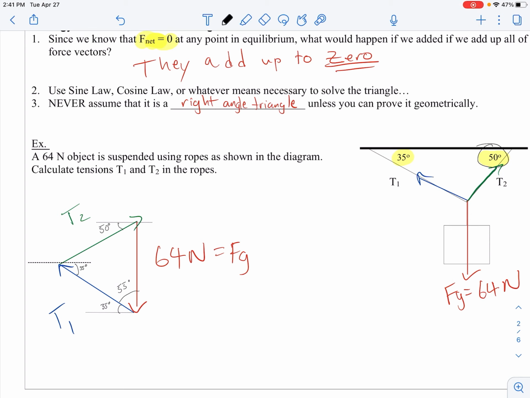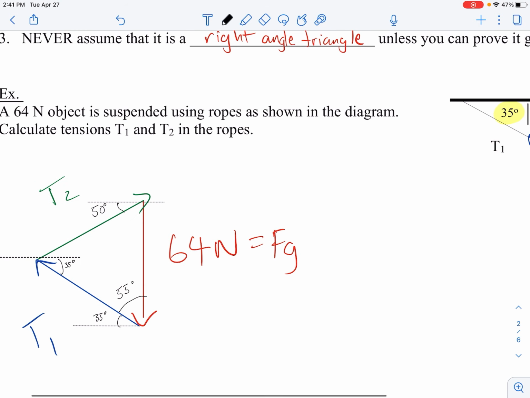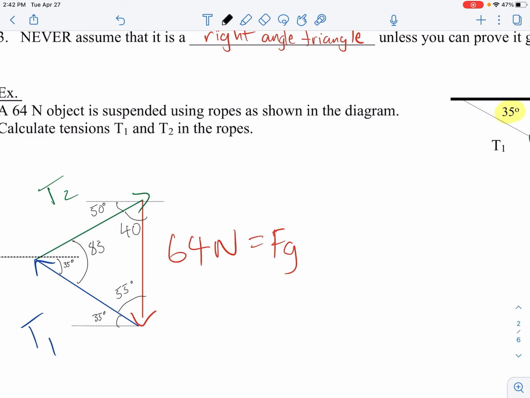I can use that same method and figure out that this is also going to be a 90-degree angle, which means that this is going to be 40. Then I know that the three angles of my triangle add up to 180. So 40, 55, which means this larger angle is going to be 85 here.